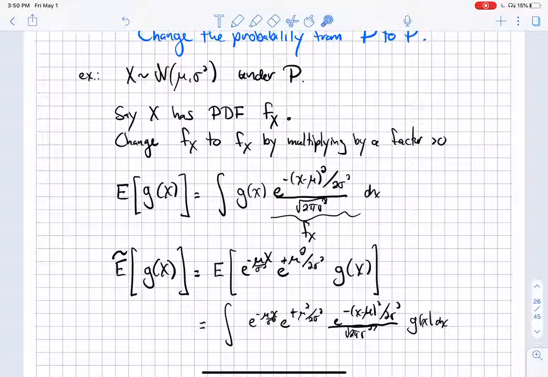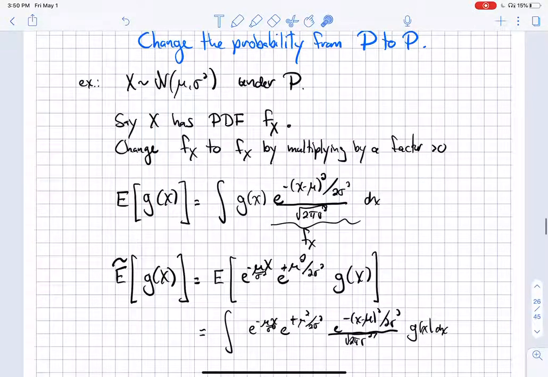If I do the expectation of any function g of that random variable, it could be an indicator function, so I get the probability. By definition of the distribution of the normal, this is just the integral of the function g evaluated at x times the density, which is the Gaussian density right here.